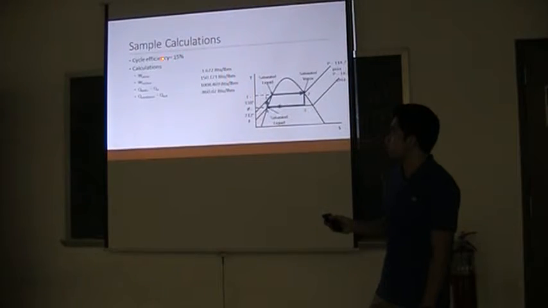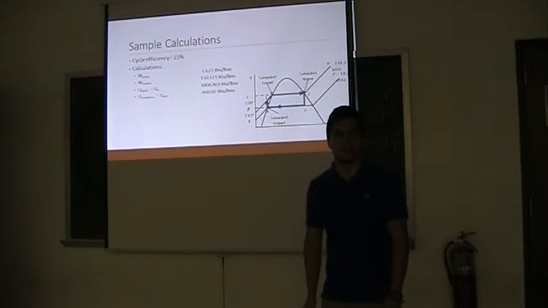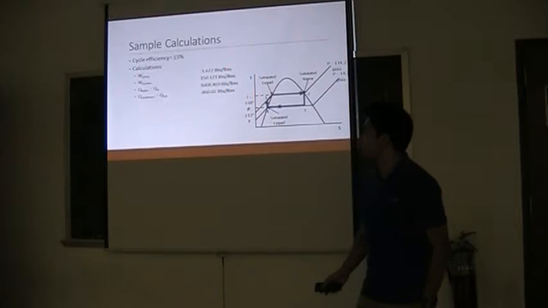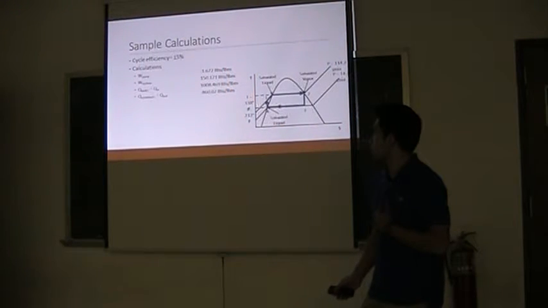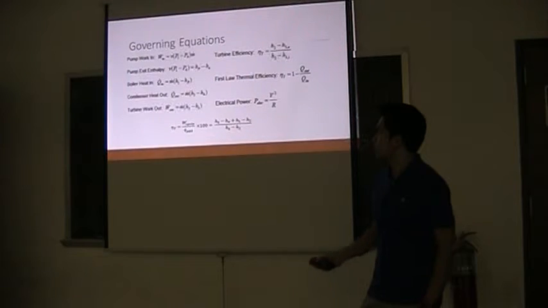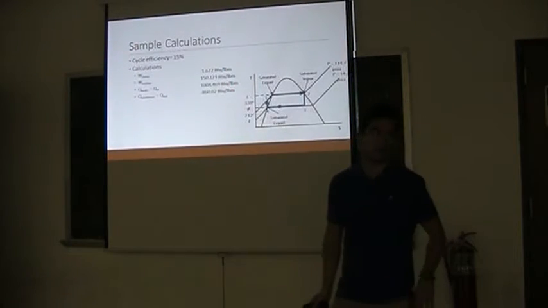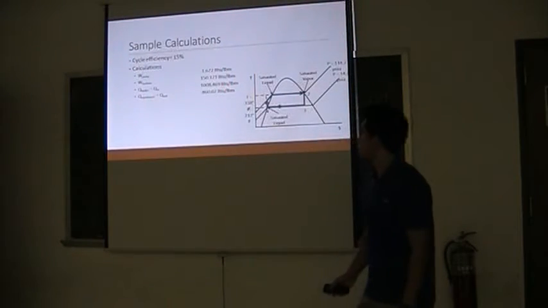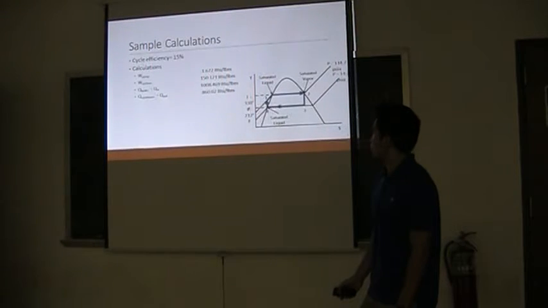And I got the overall cycle efficiency of 15%, which was close to the overall cycle efficiency of the last presentation that we saw. And you can use these equations here, and like I said before, you can use the enthalpy values to find the overall cycle efficiency, and the heat in and pump work in, and then you're going to get it in BTU per pound mass. So that's the overall cycle right there.